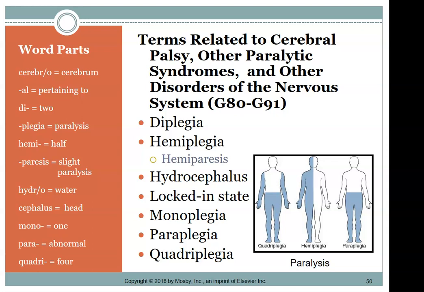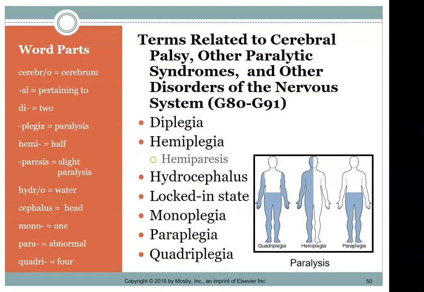Monoplegia, mono equals one, is a paralysis of one limb on the left or right side of the body. Paraplegia, para means abnormal, is paralysis of the lower limbs and trunk. Quadriplegia, quadri, which means four, is paralysis of arms, legs, and trunk.